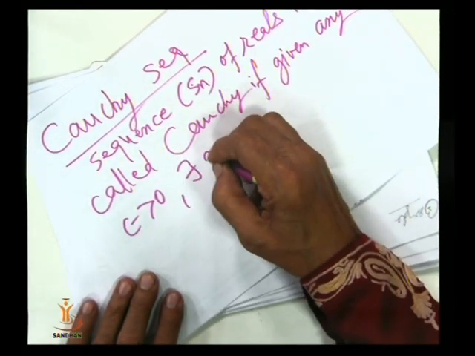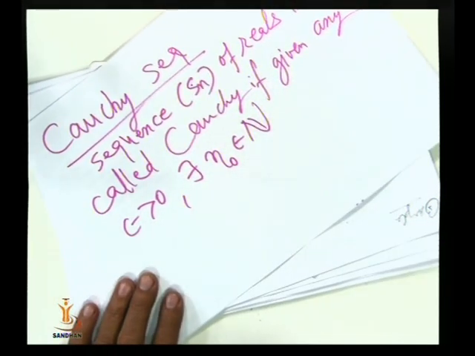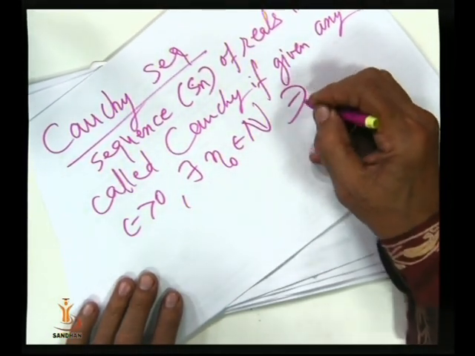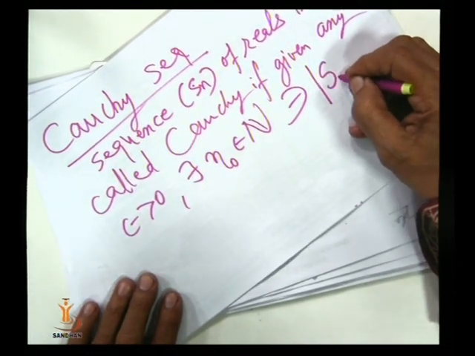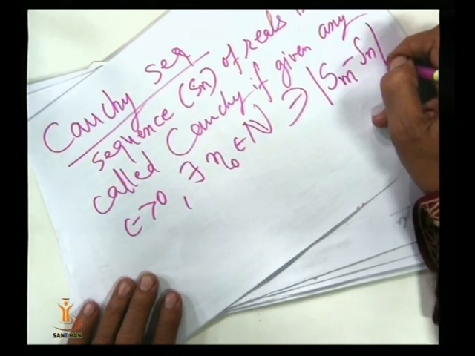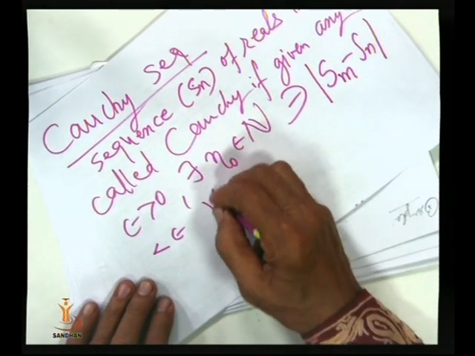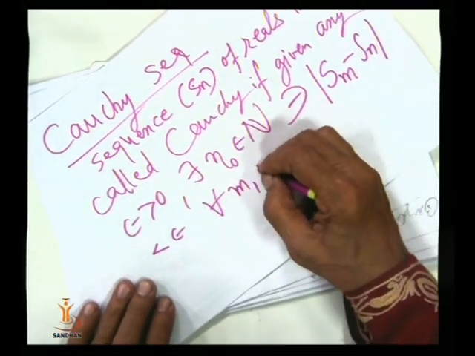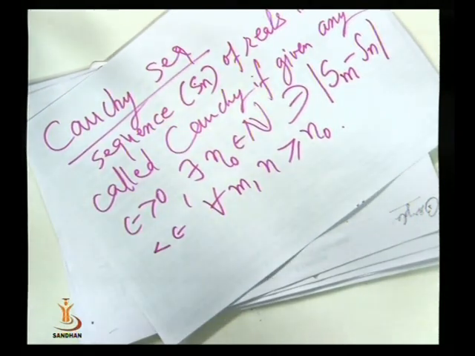There exists n0 belongs to N such that the absolute value of the difference between Sm and Sn is less than epsilon for all m and n greater than or equal to n0.